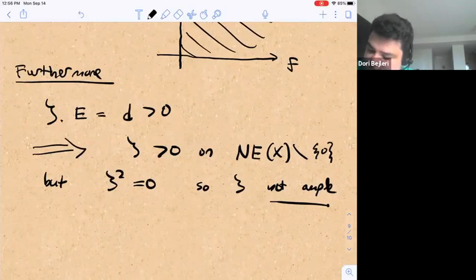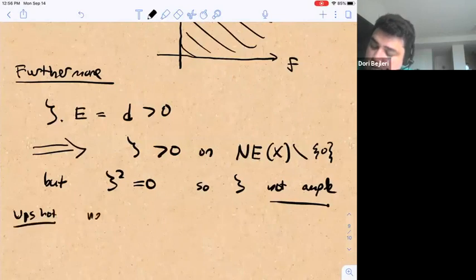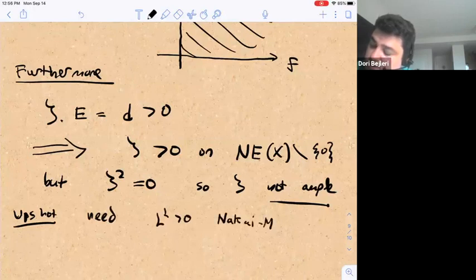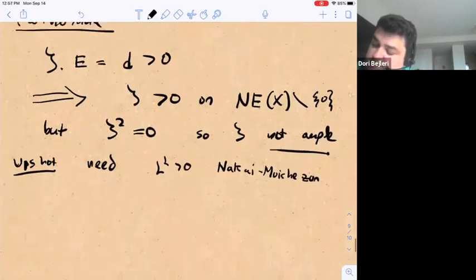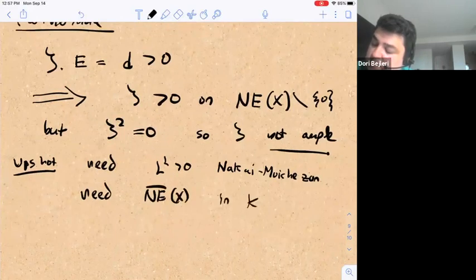So this tells us that you need the L squared greater than 0 condition in Nakai-Moishezon. And it also tells us that you need the full NE bar of X in Kleiman's criterion.